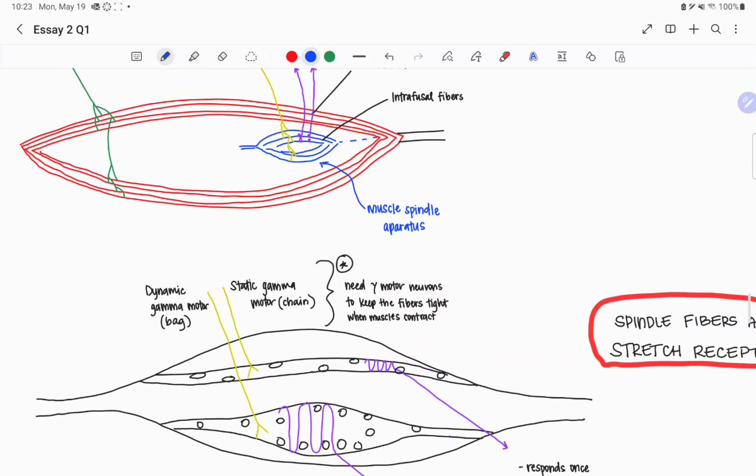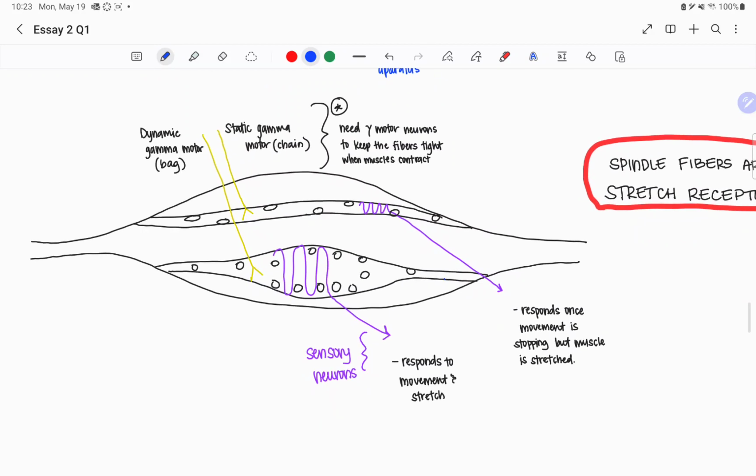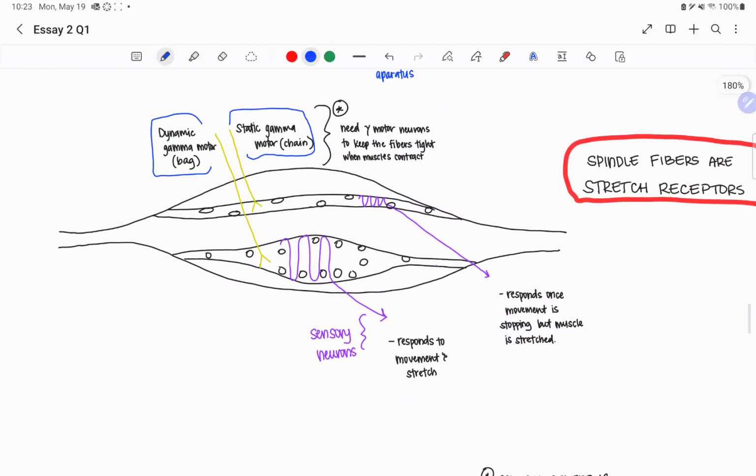The reason that these are important is when we come down here, we've got dynamic motor neurons and we have static gamma motor neurons. Okay, so this is kind of a blown up version of the spindle apparatus, the muscle spindles.